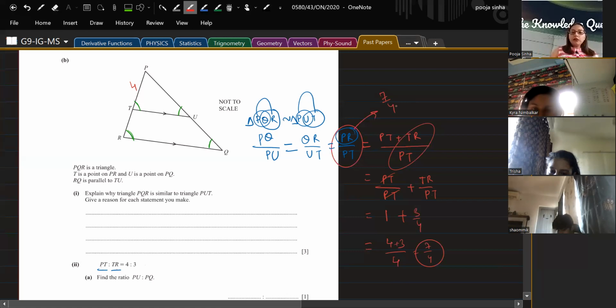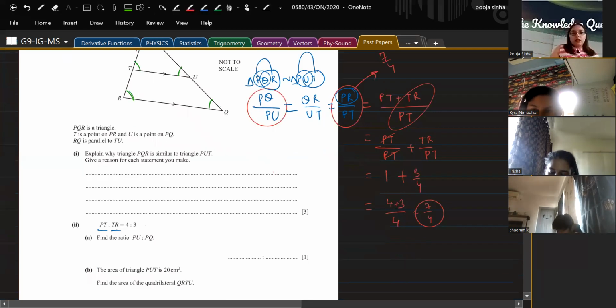Now they asked us to find PQ upon PU. PQ upon PU is the same as PR upon PT. So if this is 7 upon 4, then even this is 7 upon 4.